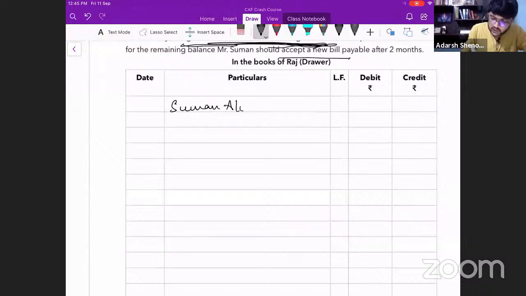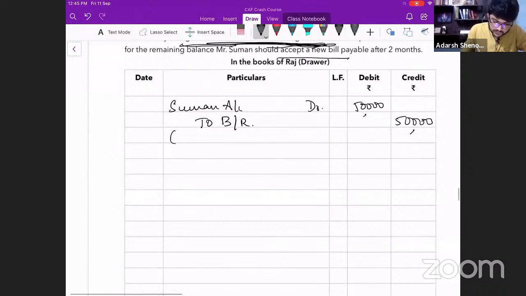So Suman account is to be debited. So we're just cancelling the bill. I'm passing detailed entries, okay? So this is to cancel the bill receivable. Being bill cancelled.